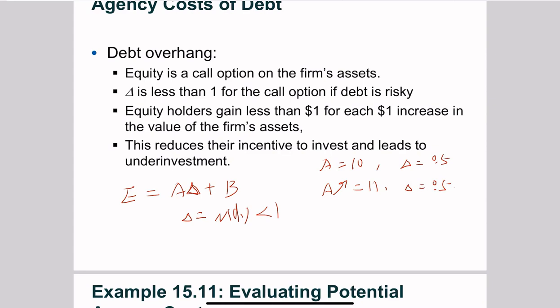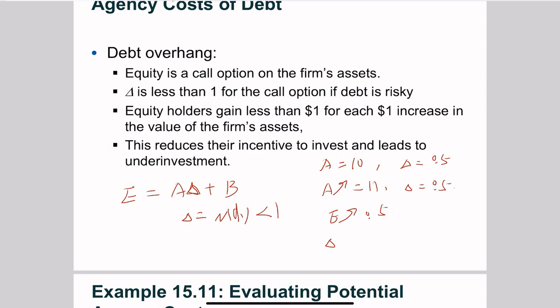What you can see here is that if delta is 0.5, then equity's value will increase by 0.5. So for a $1 increase in the firm's asset, the gain to the equity holders will be smaller than 1.